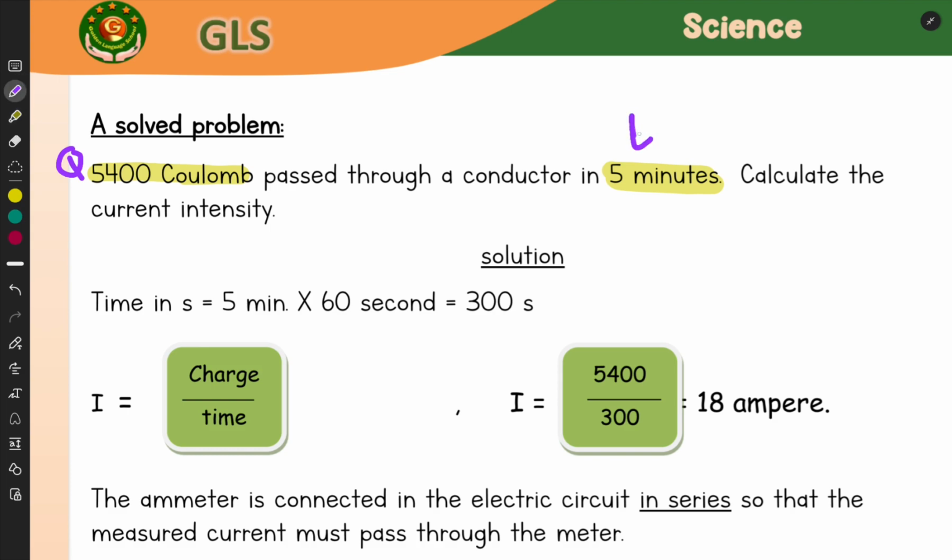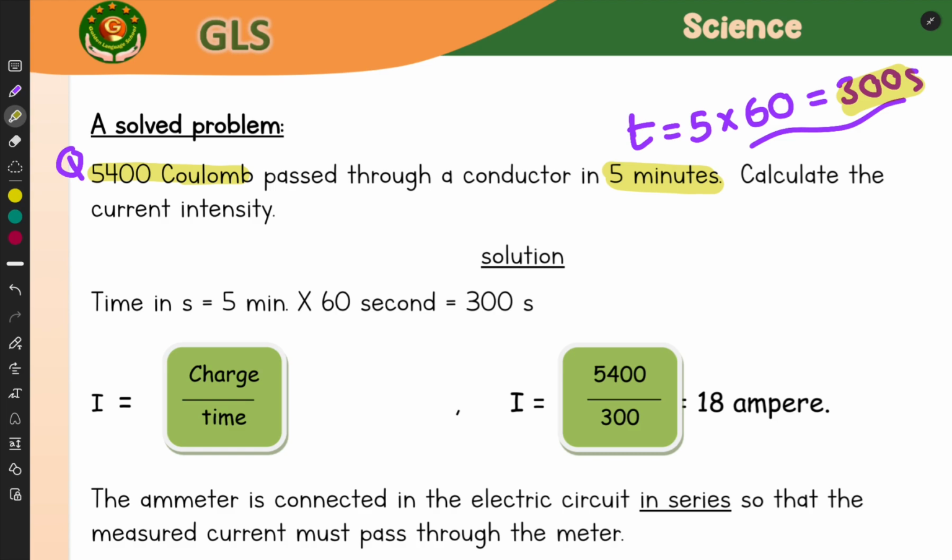Calculate the current intensity. Of course, I can't use time in minutes, I use time in seconds. So I convert 5 times 60, which equals 300 seconds. So the new time we'll use is 300 seconds.